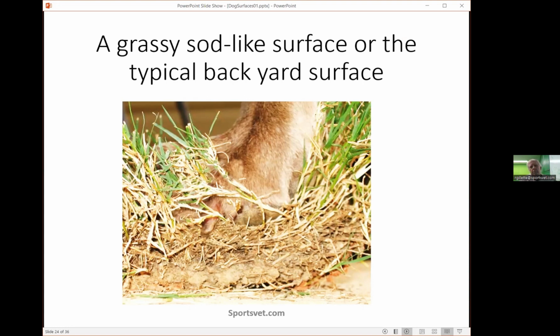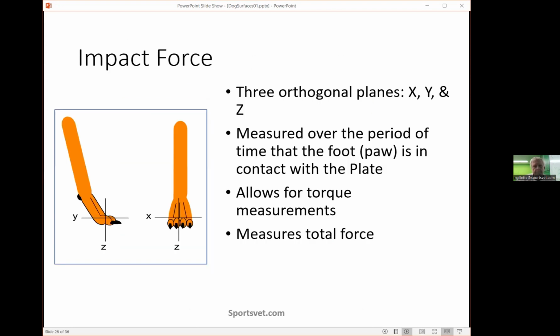And so if I wanted to reintroduce activity at a low level to a dog, I'd almost rather have them be on a sidewalk or an asphalt surface as opposed to the yard, so that there's less torsional forces on the limb. And that's just kind of a side thought that may not apply much here, but it shows that this information is applicable to the veterinary field.